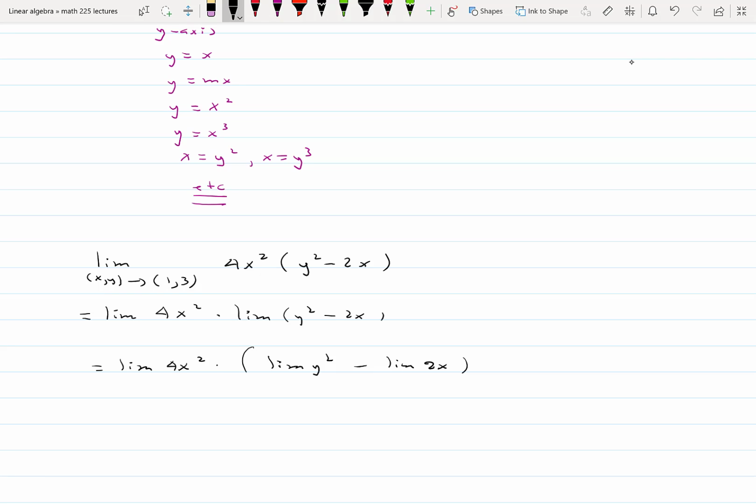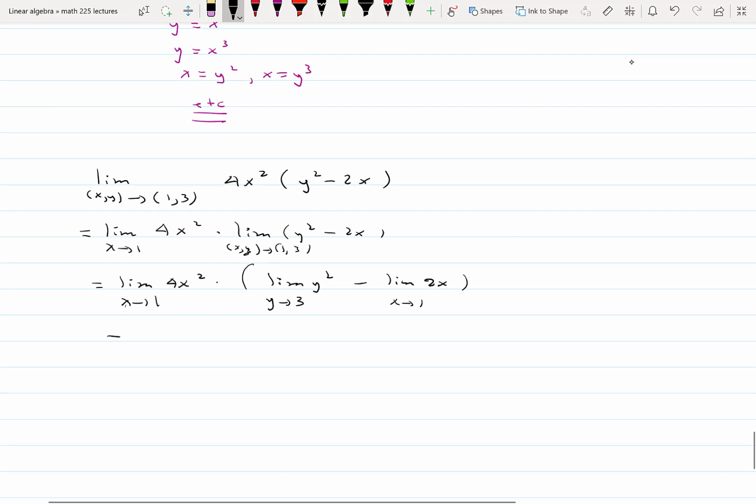So for 4x squared, as (x, y) approaches (1, 3), x is approaching 1. And for the next limit in the product, we're still looking at (x, y) approaching (1, 3), so this is the limit as x approaches 1, and the limit of y squared is now the limit as y approaches 3, since it's independent of x. And the limit of 2x is the limit as x approaches 1.